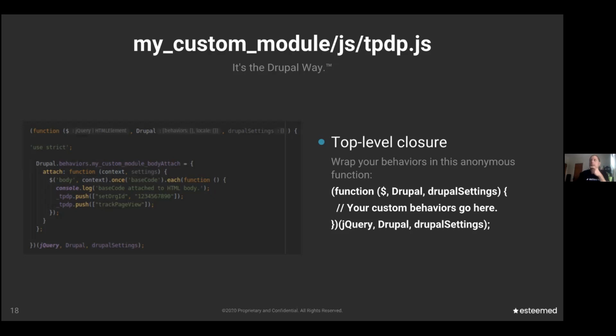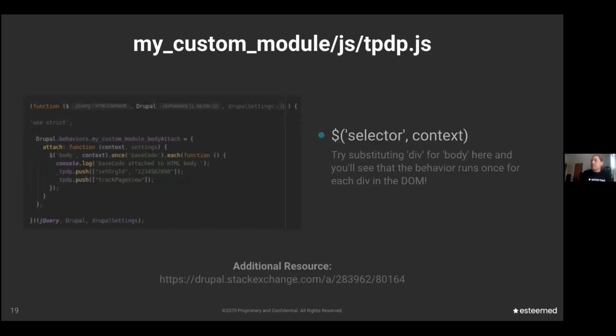Basically, you wrap the entire file in the closure. The behaviors are declared as objects, and they must have an attach method, as I mentioned before. And then the next line selects a DOM element within the context which your behavior will attach to. So let's take a closer look at this.